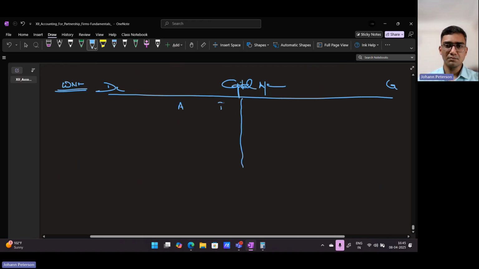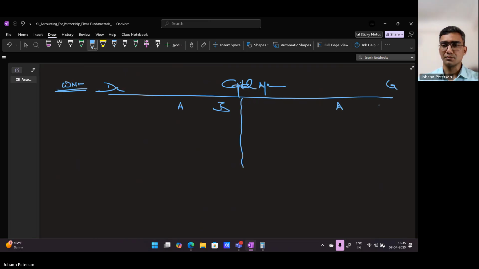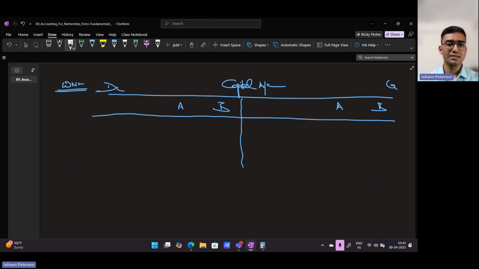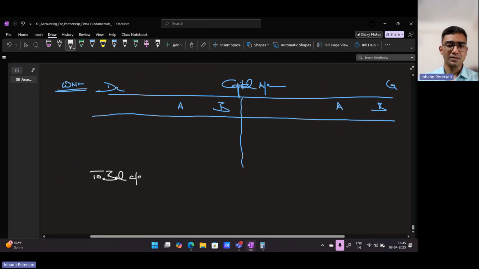We have A and B on both sides. We have the closing balance given, which we will write as balance carried down. The amount given to us is 90 and 30.